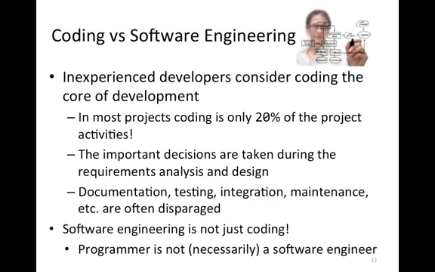All of those decisions that you are making right now are the core of software engineering. Besides what you've done, there are all these follow-on tasks after the coding: documentation, testing, integration, maintenance, which I think is really often disparaged.